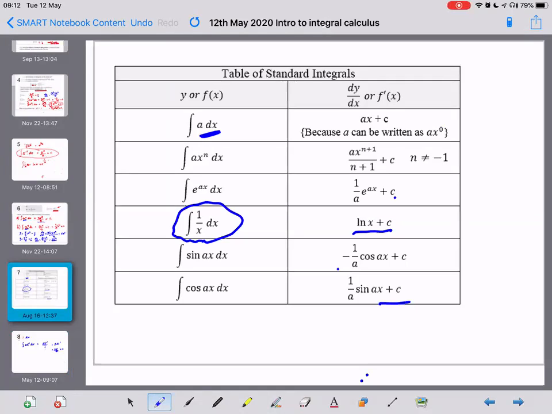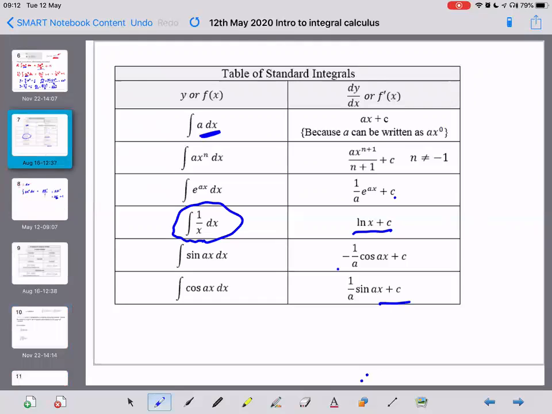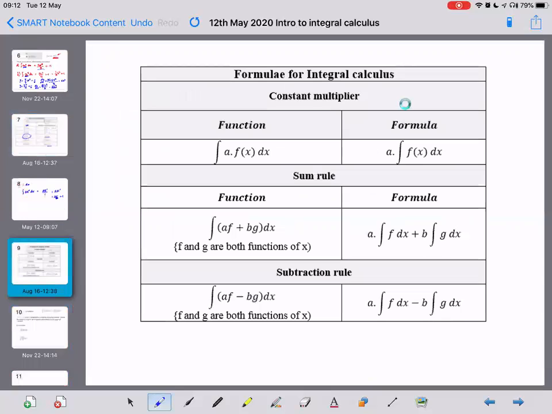Okay, so we'll look at some more examples now. We'll look at the formulae, where the constant multiplier will help a lot to make this a little bit easier. On the bottom of your sheet on integrals, you've got these formulae for integral calculus.